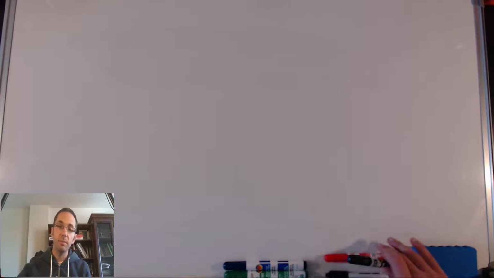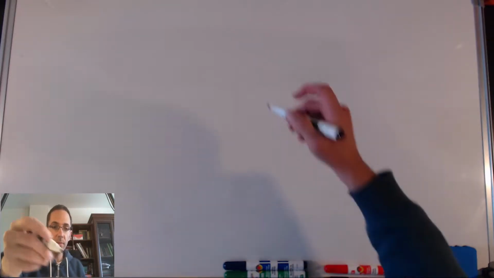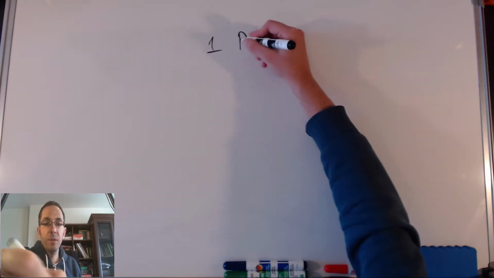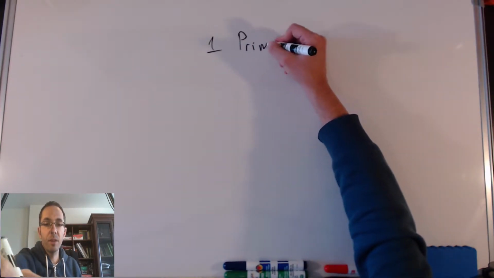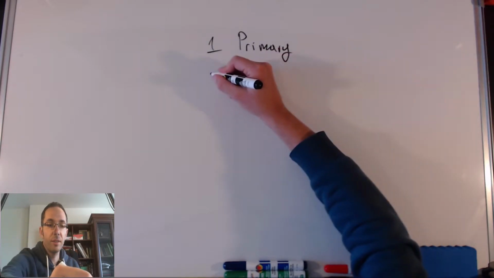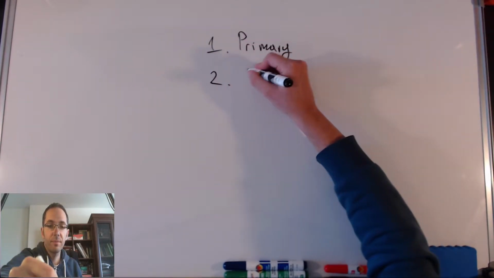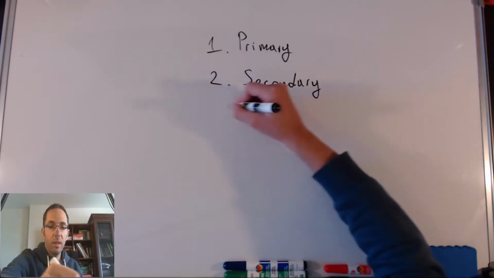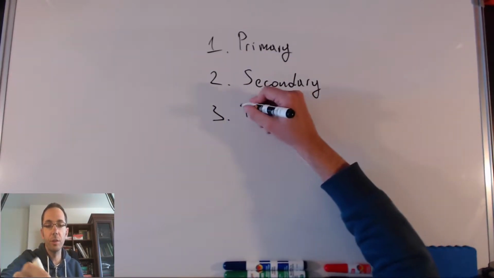So let's get started. The first thing that we need to do is to actually look at the three different types of commodities that we can generally observe. So commodities are products, and we split them into three groups. We call these primary, secondary, and finally, obviously, tertiary.